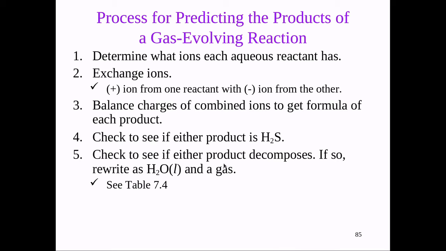And then we'll check to see if either product decomposes, so to see if it's one of our decomposition compounds that we've seen in the previous table. If so, we rewrite as H2O and the corresponding gas that we should see. And then finally, we're going to balance the equation.